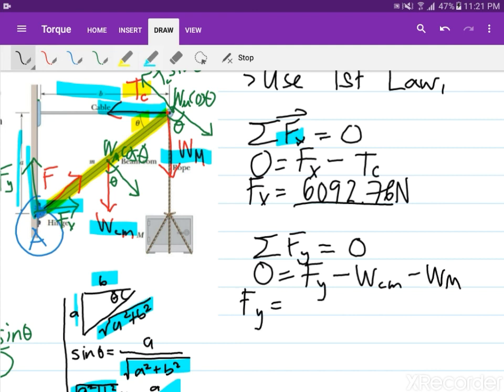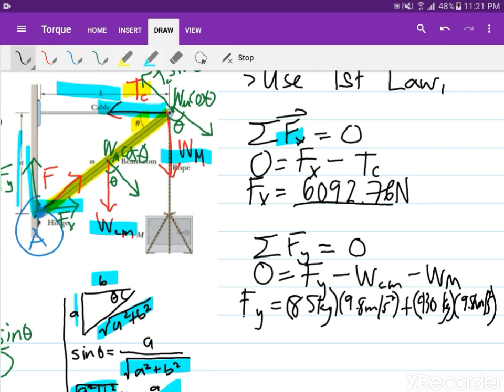So we have Fy to be 85 kilograms times 9.8 meters per second squared plus 430 kilograms times 9.8 meters per second squared. So our Fy is 5,047 newtons.